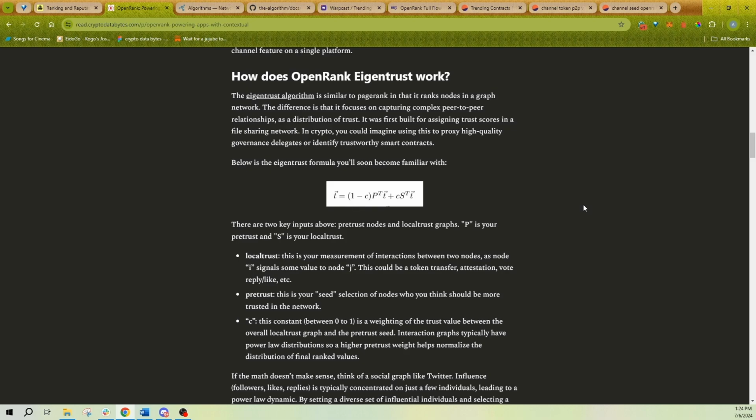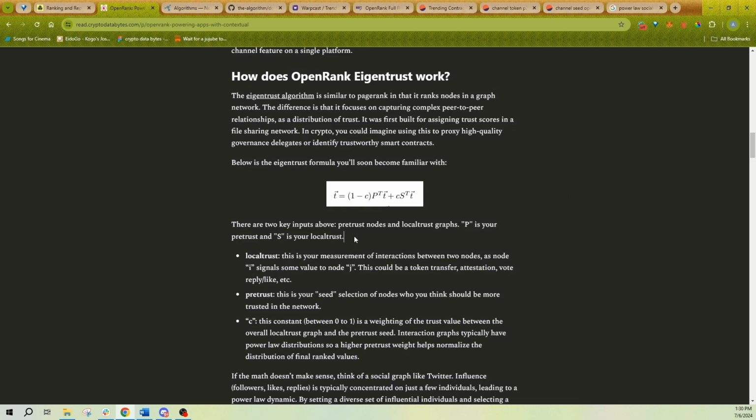You could use something like EigenTrust to weight this file sharing network with a factor of trust based off of files sent to each other, and say which of these Filecoin file sharers is most trusted?